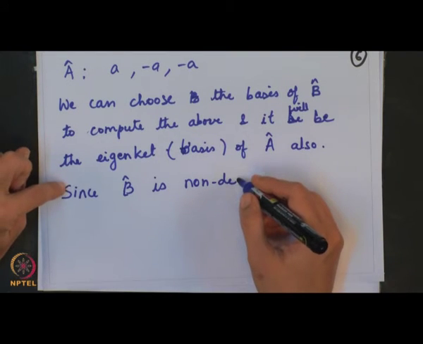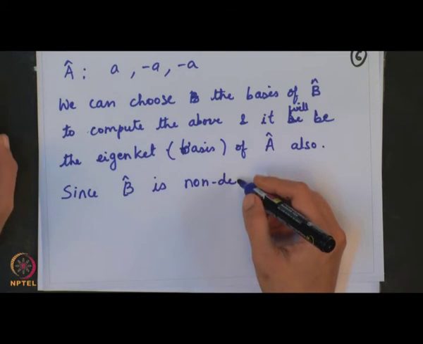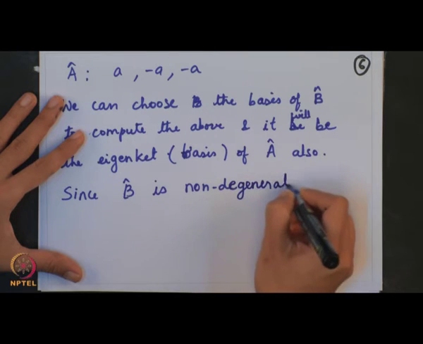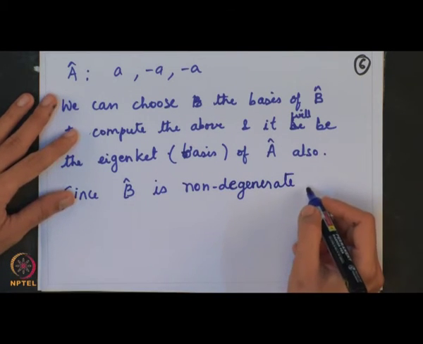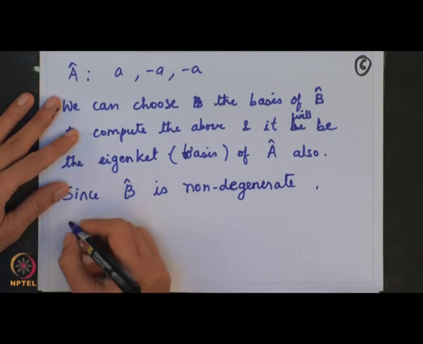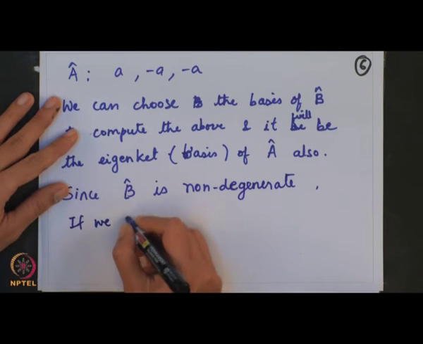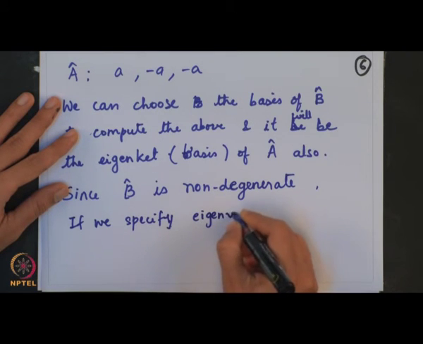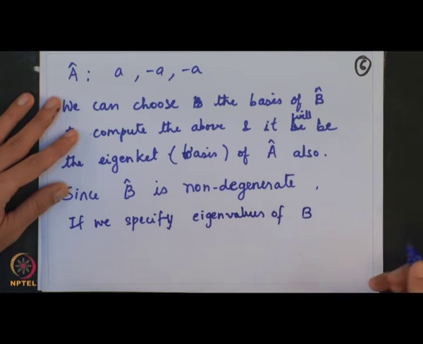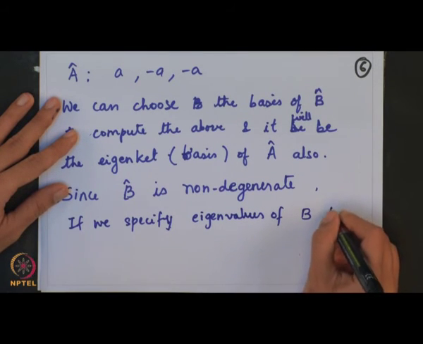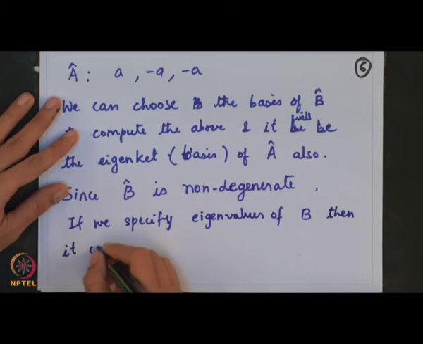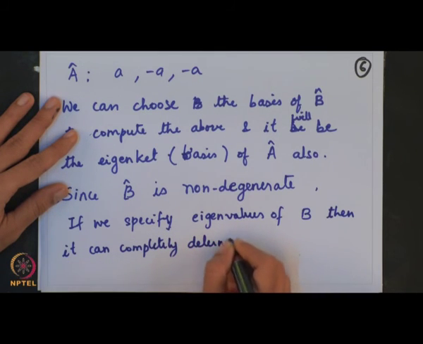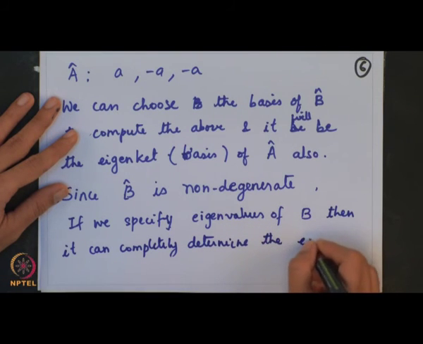Since B is non-degenerate, it has 3 different eigenvalues b, ib and minus ib, and the specification of the eigenvalues of B can completely determine the eigenket.